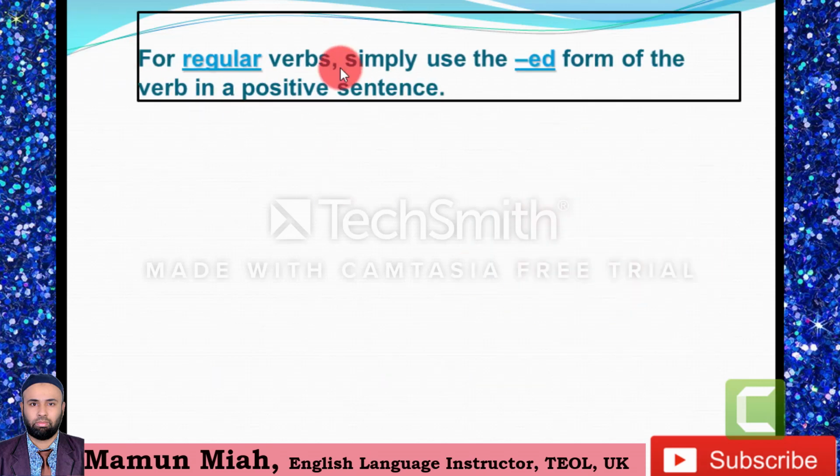For regular verbs, simply use the "ed" form of the verb in a positive sentence. Here we'll be talking about the use of past simple tense in positive form. For regular verbs, the verb will be used in the sentence in a positive form with "ed" sound.